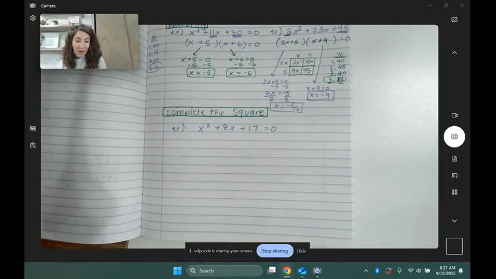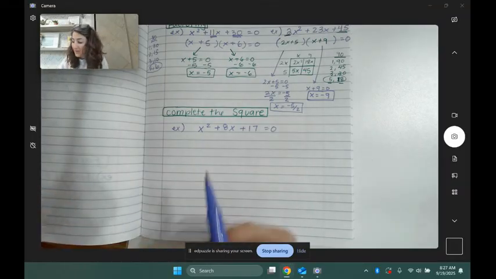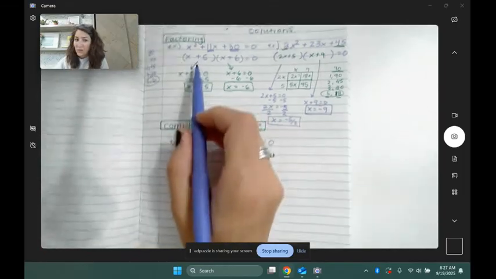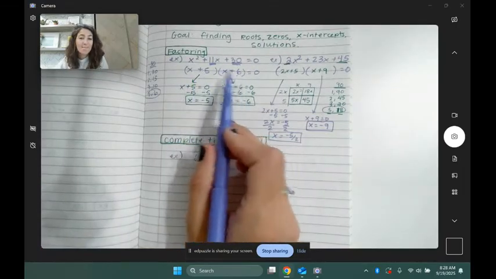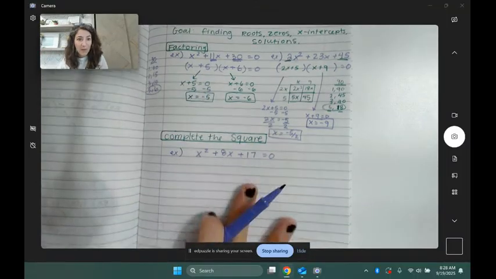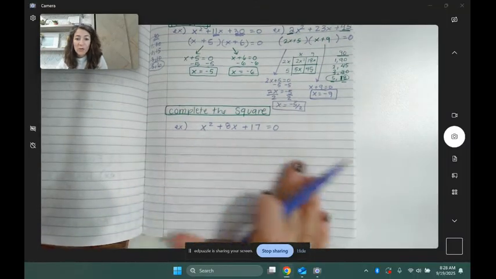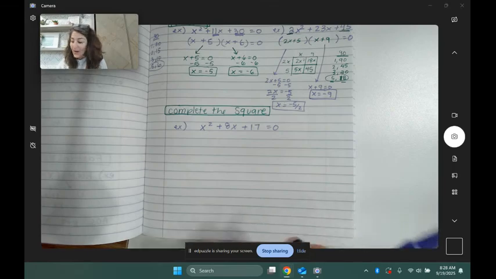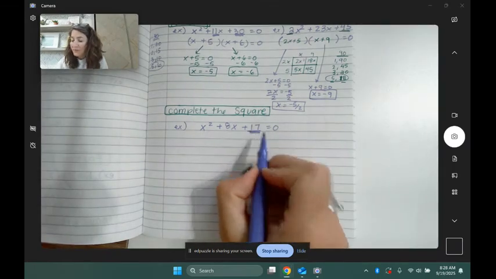Completing the square is all about making a perfect square here. A perfect square is where these two factors are the same, so you could write it like x plus 5 squared. Now, in order to factor to get a perfect square, I need this to be a perfect number.